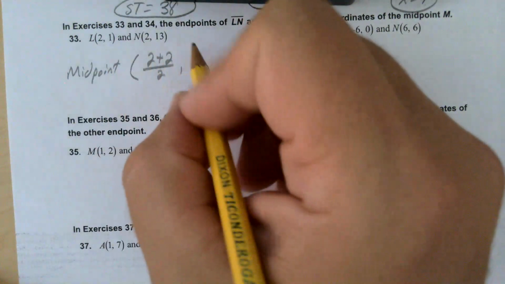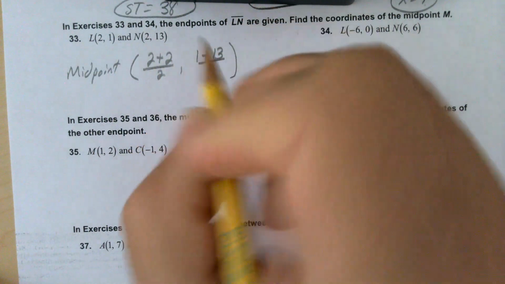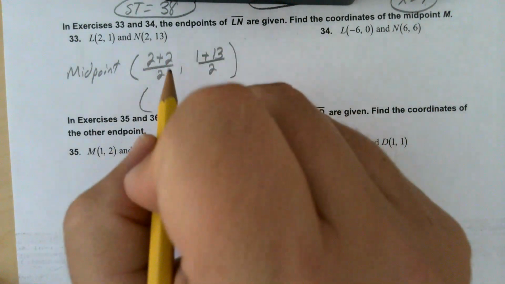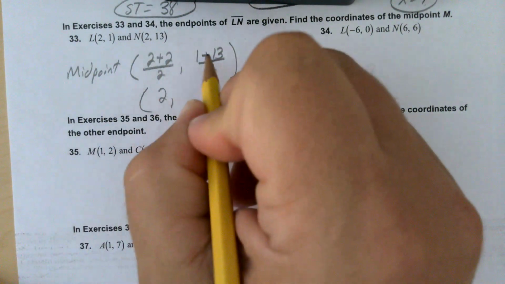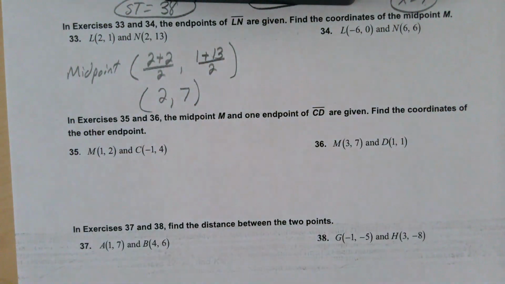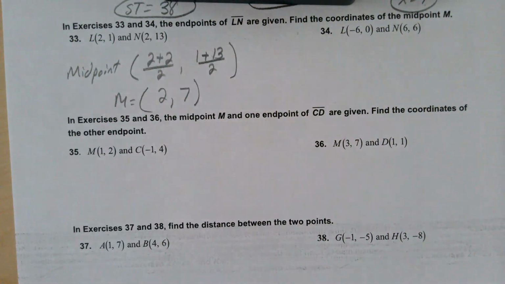I do the same thing for the y's. 1 plus 13, divide by 2. So these are pretty easy calculations. You get 4 divided by 2, which is 2. You get 14 divided by 2, which is 7. Therefore, the midpoint, and we can just use the letter M to represent it, is 2 comma 7.